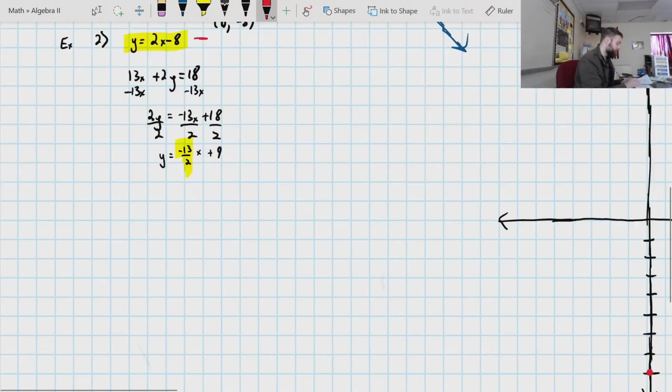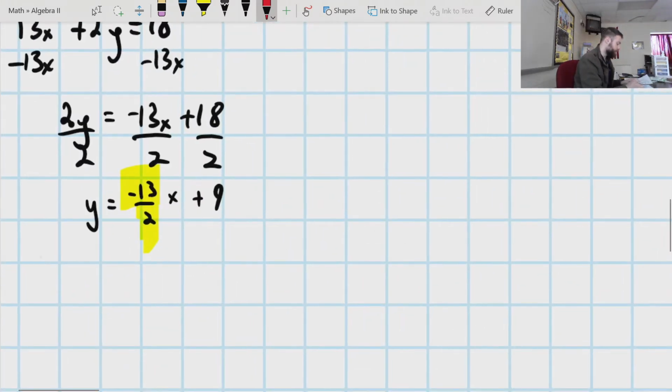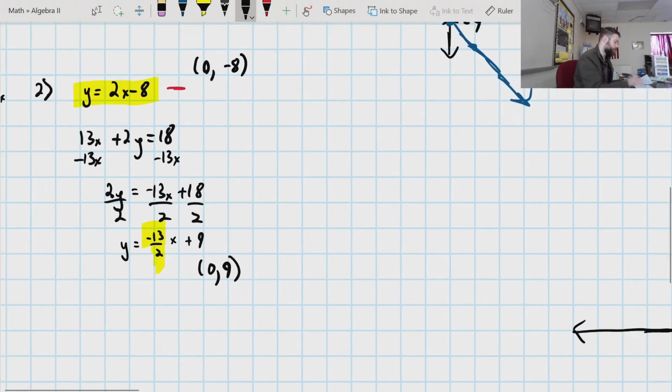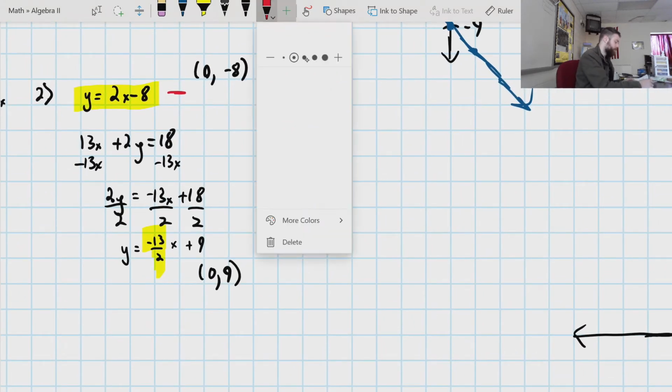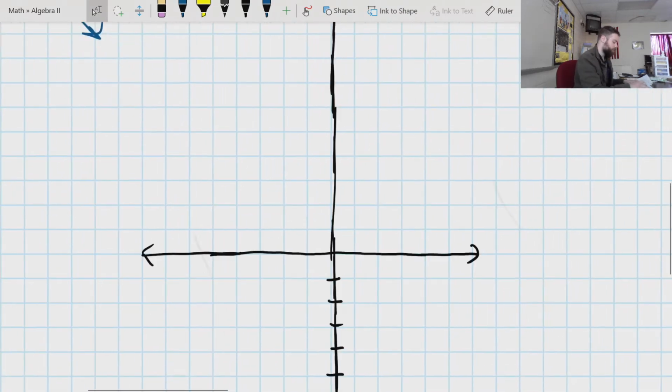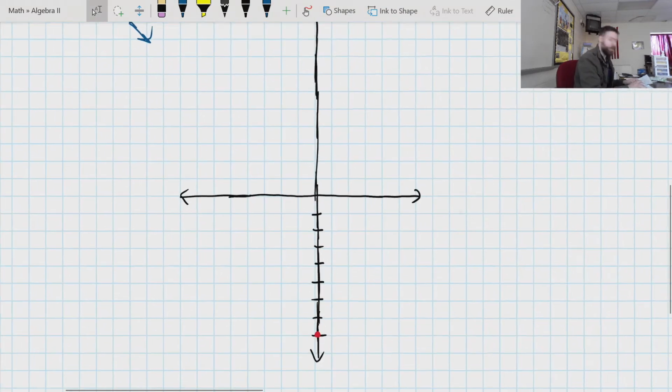And then for the next line, it's telling me that my y-intercept is +9. So 0, 9 is my other intercept. I'm going to do that in blue. So make sure you're giving yourself some sort of labeling.